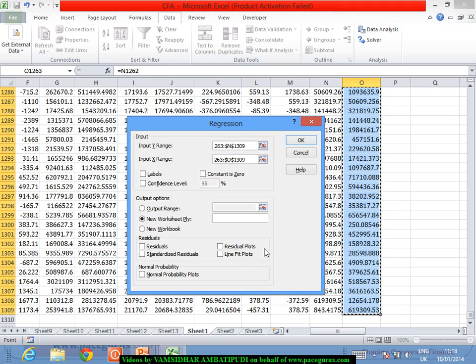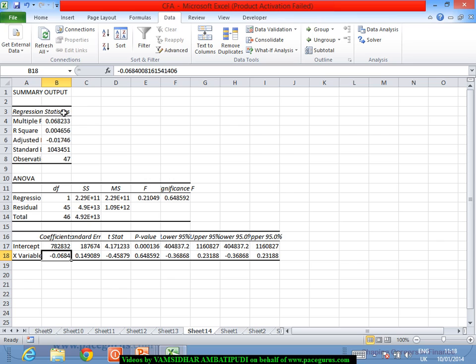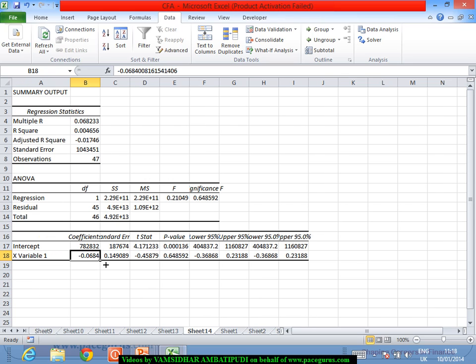Now let me see. Yeah, here we see that the coefficient is minus 0.06 and the p-value is 0.64. So at least I can say that this coefficient is not statistically significant.